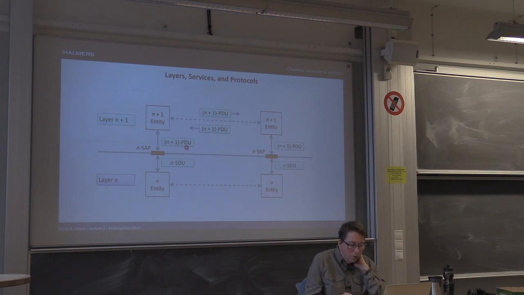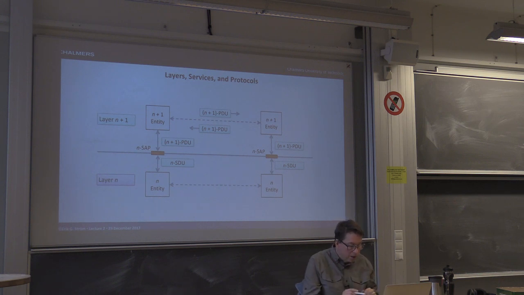Once this PDU goes over this border, it changes name to a service data unit. So from the perspective of layer n, the PDU of the layer above it is its payload, its service data unit. Okay. So this is the data which is requested by layer n plus 1.